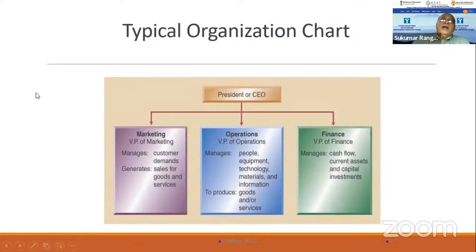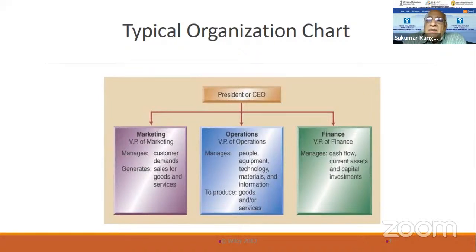Now, typically, an organization chart, of course, there can be many ways of having an organization chart, but in a simple organization chart like this, there is a CEO for the company, and then there are many functions. The main ones are marketing, operations, and finance.